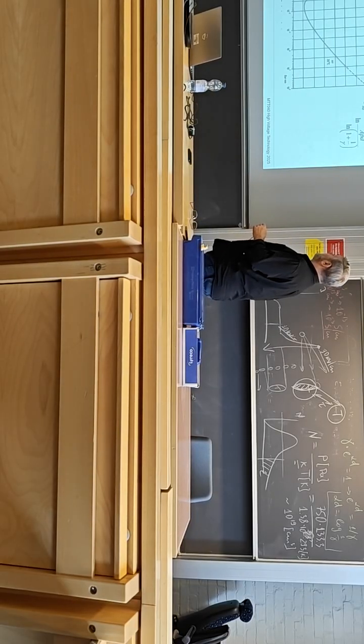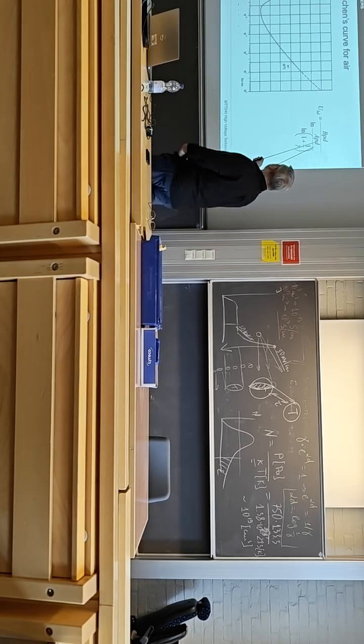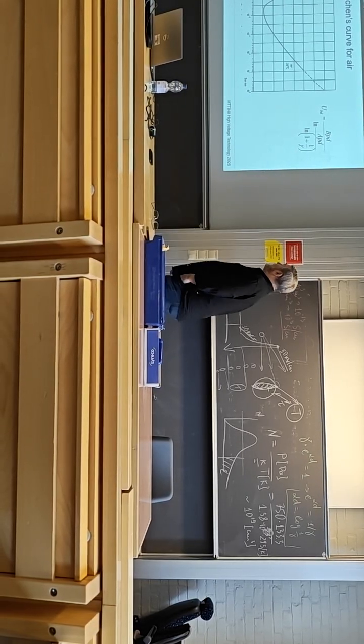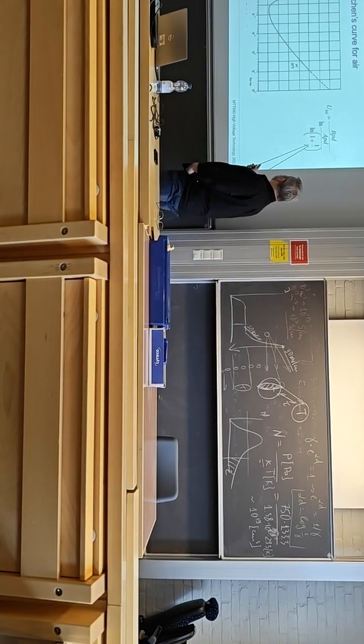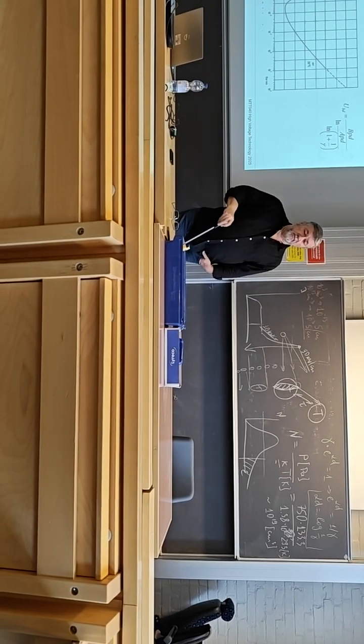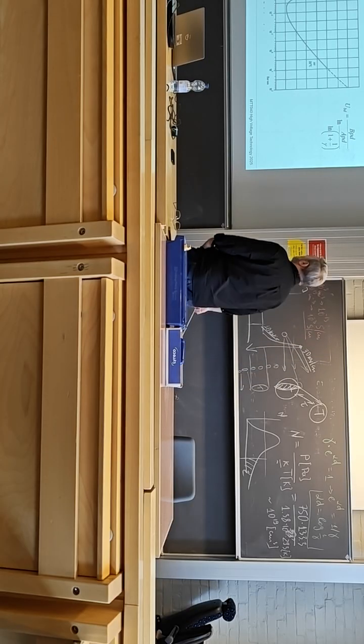Yes, and this curve is actually described by this expression. I think at some point I will show you how to derive this, because it quite often comes up on the exams.